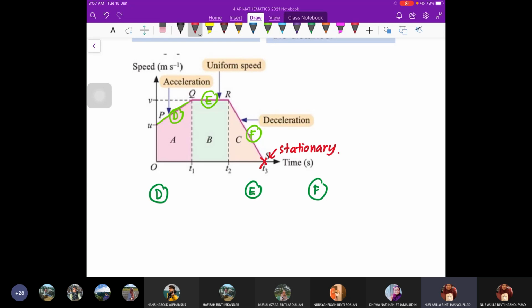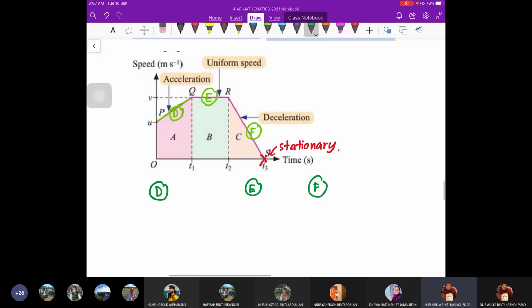Okay, you have to understand. So kita boleh cakap dekat D, D is a positive gradient. So bila positive gradient meaning dia tengah accelerate. Ataupun kita panggil as increasing speed. Okay. So dekat E, we have zero gradient again.